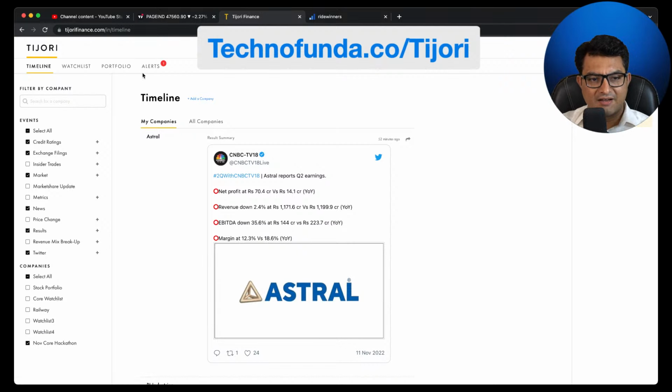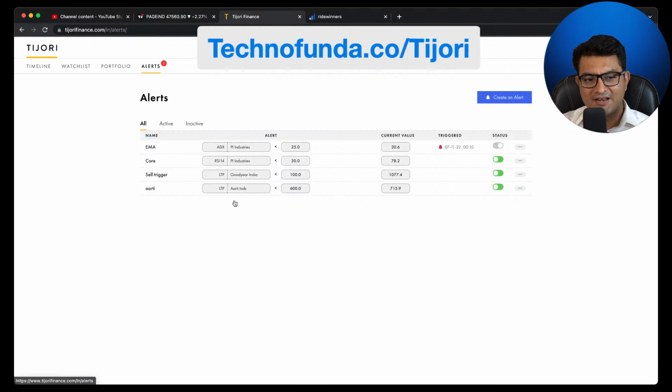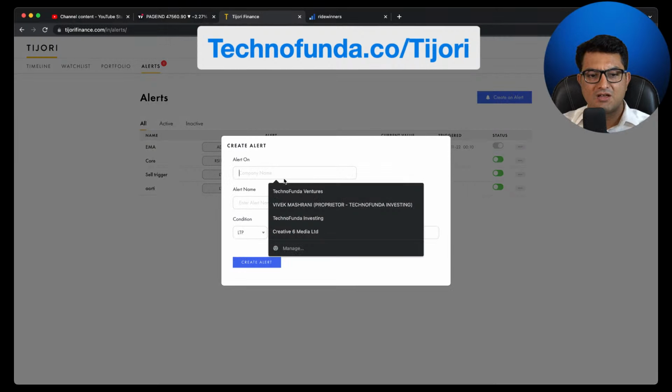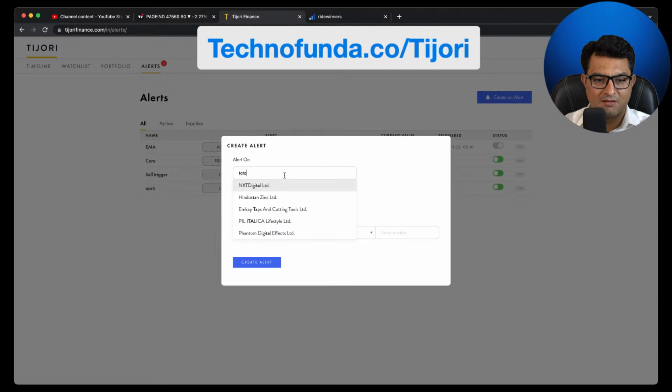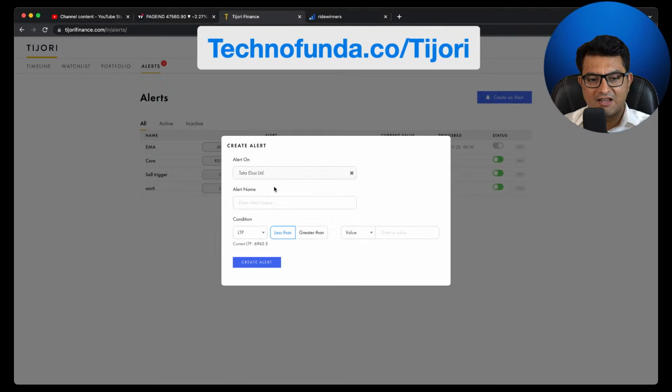So here there is an alerts section. If I want to create a new alert, I select the company name, say Tata LXC. I give an alert name, say my IT alert.